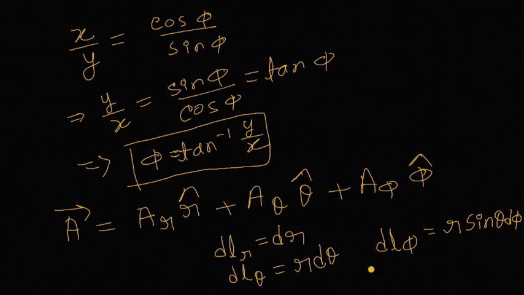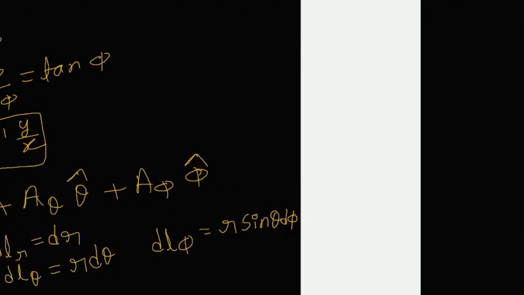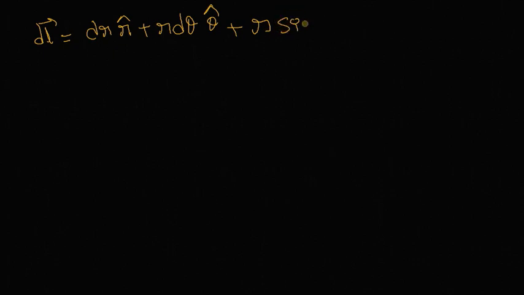In short, the general infinitesimal displacement becomes dl vector equal to dr r cap plus r d theta theta cap plus r sin theta d phi phi cap.